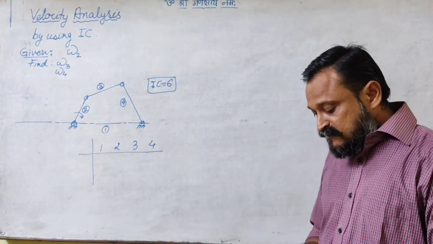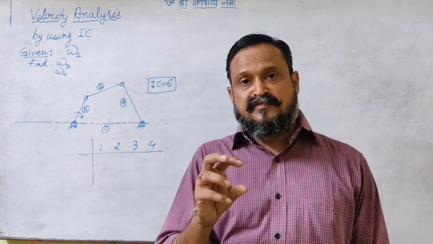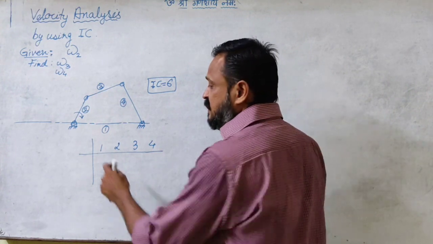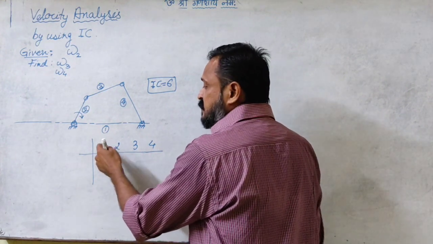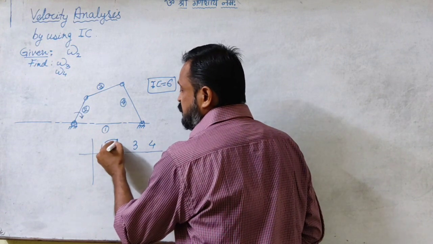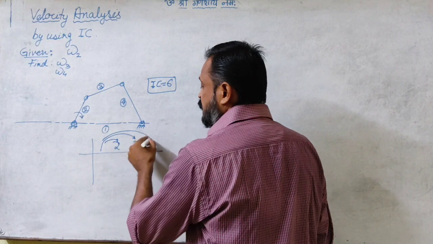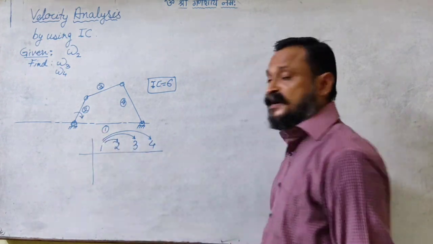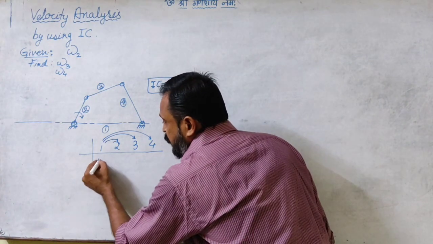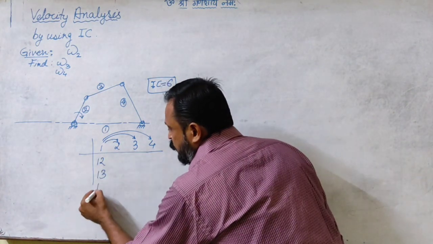We have seen that while determining the instantaneous center, at a time we are considering two bodies. So there will be an instantaneous center with respect to 1 and 2, then an instantaneous center between 1 and 3, and an instantaneous center between 1 and 4. We will number them as 12, 13, 14.